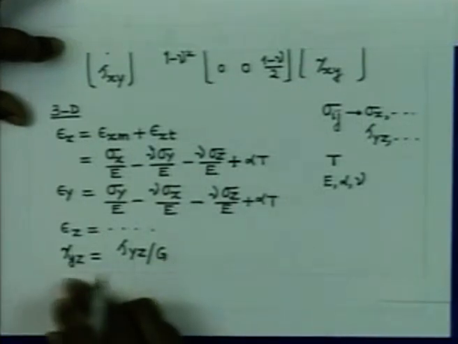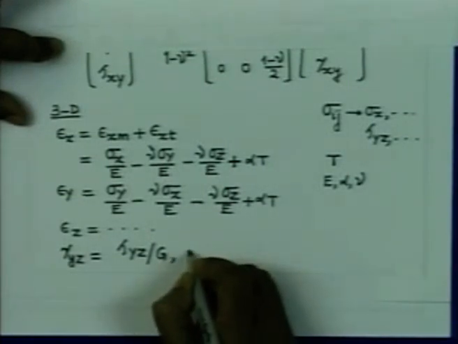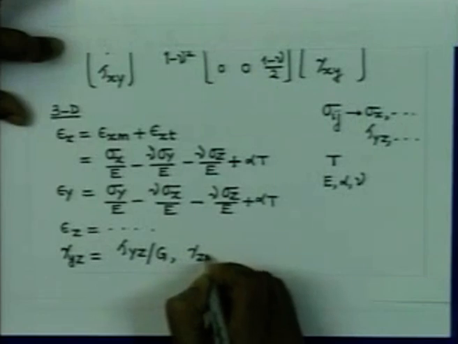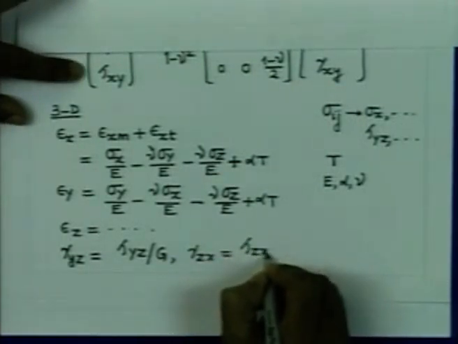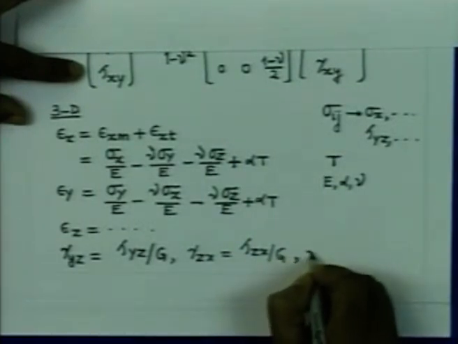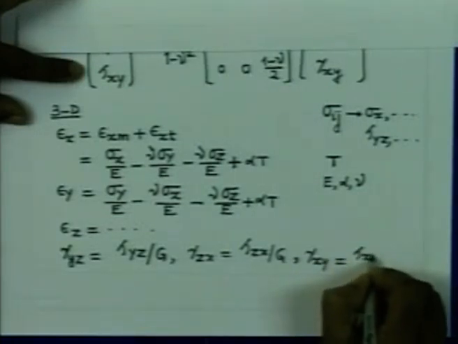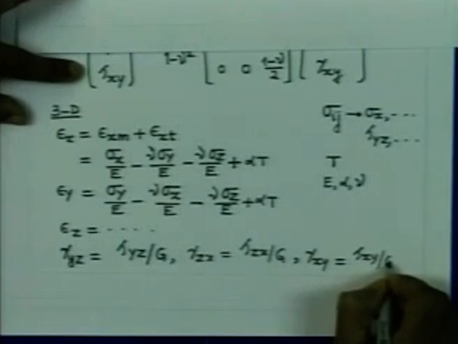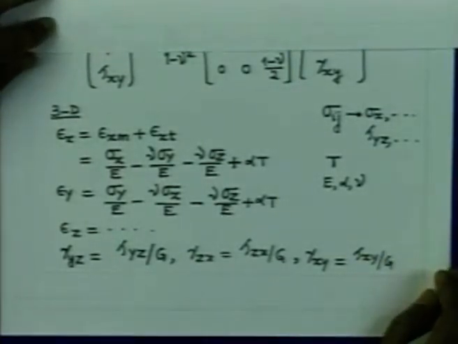So, therefore, the shear strain is only due to the mechanical loading, and you can write gamma zx along similar lines, tau zx by G, and of course, you can also write gamma xy to be given by tau xy by G. So, these are the 6 relations involving mechanical loading and thermal loading.